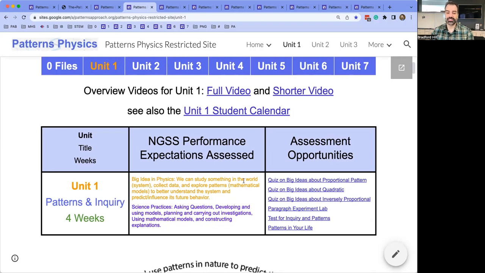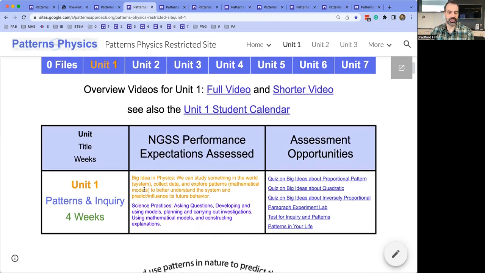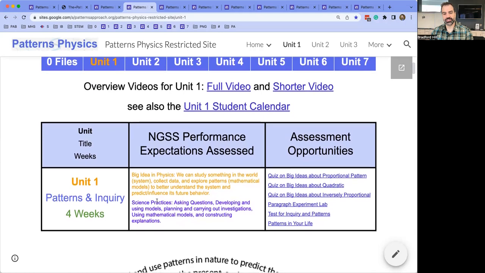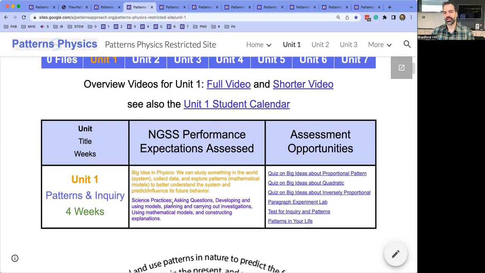The idea that we can study something in the world, so often we call that a system, collect data, explore patterns, and in physics, that's so often a mathematical model, to better understand that system and predict and influence its future behavior. All right, and then also scientific practices, just so much there. Even without a performance expectation, this unit and time on task with these ideas is critical to student success.